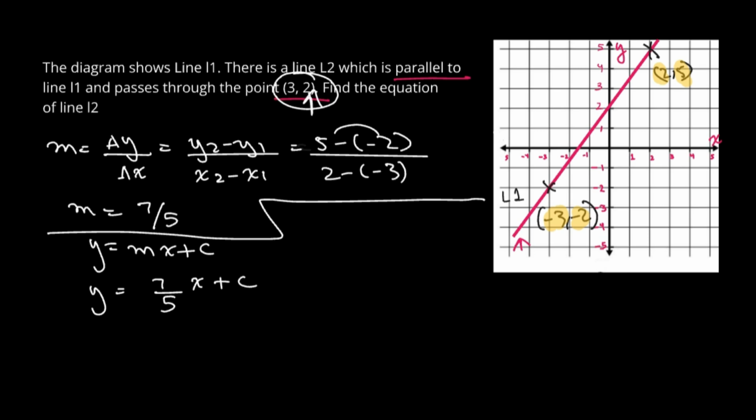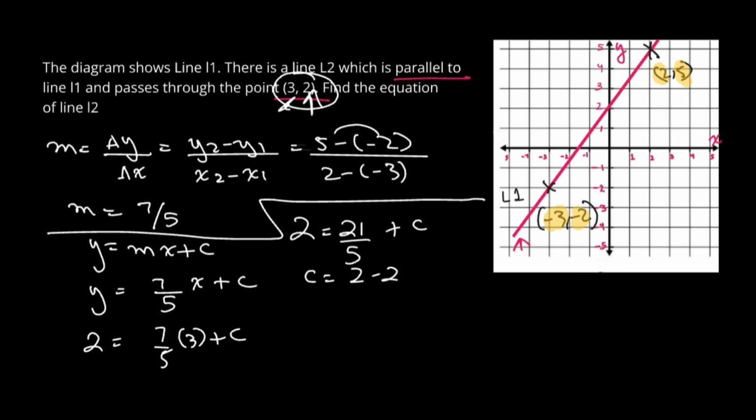So for y, I'll use 2, and for x, I'll use 3: 2 equals 7 over 5 times 3, plus c. So this becomes 2 equals 21 over 5 plus c. Now c equals 2 minus 21 over 5.